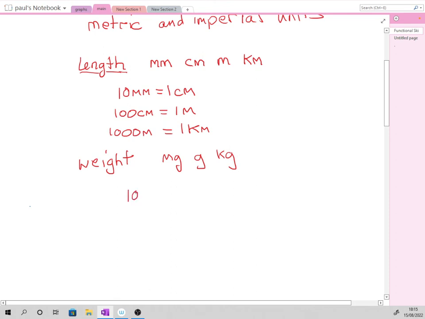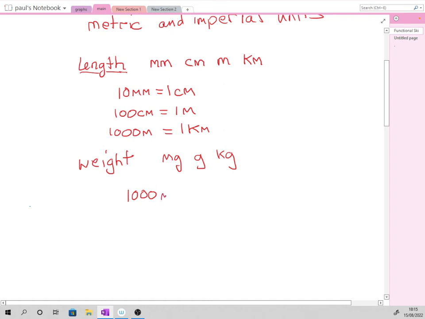Now there are 1,000, not quite the same as this, because this is C for centi, which is 100, K for kilo, which means 1,000. Milli is another one, it's Italian or Latin for 1,000.